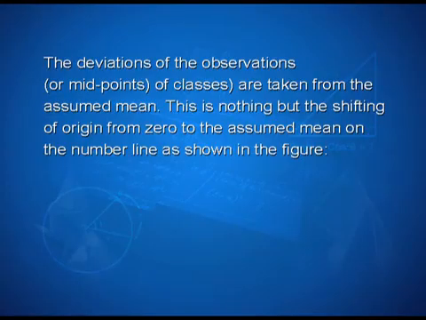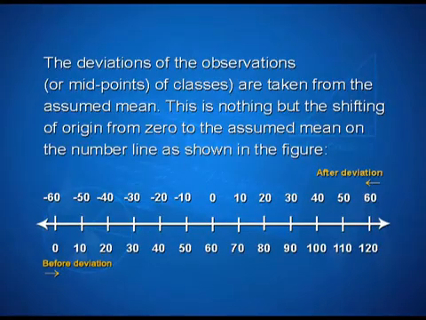Then deviations of the observations or midpoints of classes are taken from the assumed mean. This is nothing but the shifting of the origin from 0 to the assumed mean on the number line as shown in the figure. You can see in the figure the values 0, 10, 20, 30 ranging till 120.